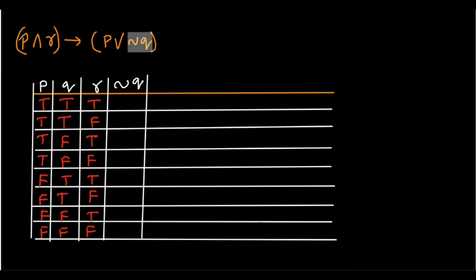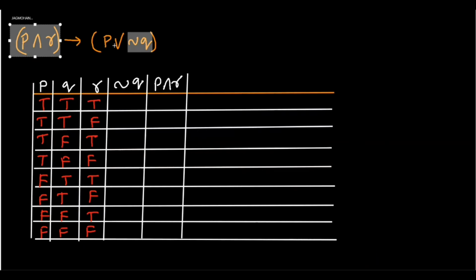After that, I will go for the first bracket here. In the first bracket I get P and R. I go for P and R. This is my one more column, fine. Then I will go for the second bracket.